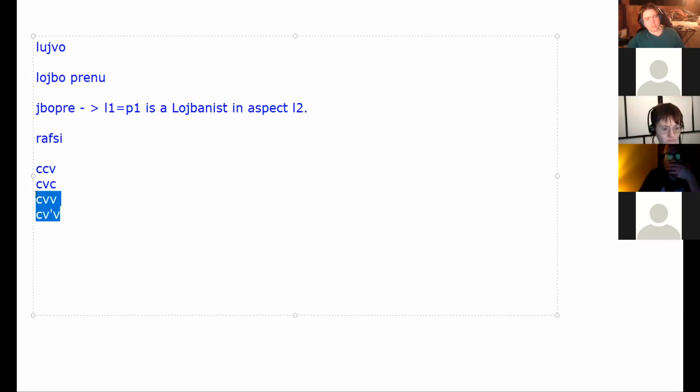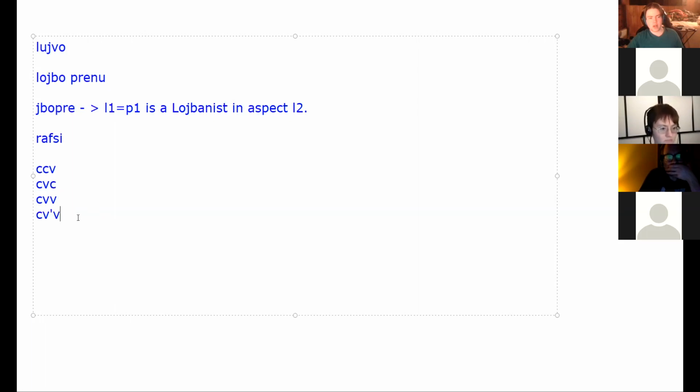The problem with these CVV ones is they don't have any consonant clusters between them. And you'll notice these actually match the pattern of cmavo, right? These alone would actually be cmavo. That's part of why rafsi can't be used in isolation.